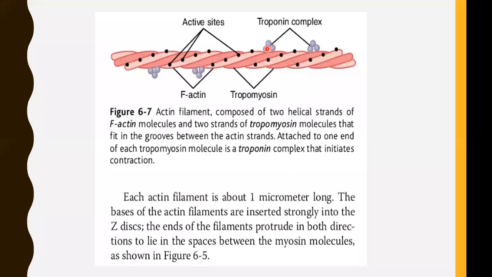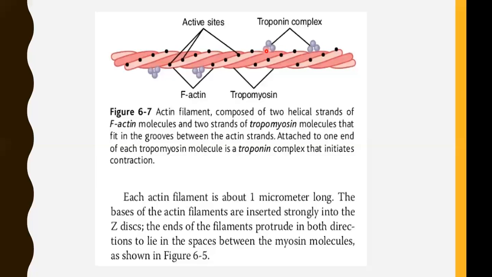So, in resting condition, you can see the G-actin is present spirally around one another with the F-actin. And the main function of the tropomyosin at resting condition is that it covers the active site.